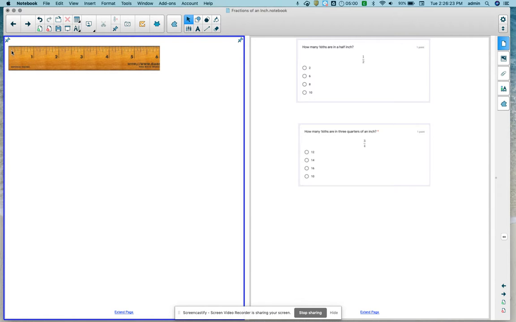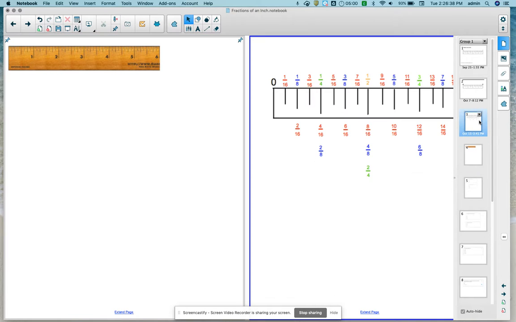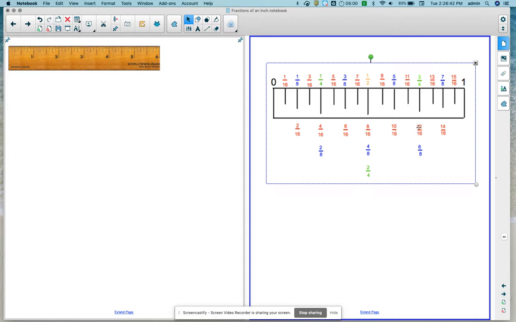I would count 1, 2, 3, 4, 5, 6, 7, 8, 9, 10, 11, 12. I can also send a screenshot of the picture that we used earlier, if you would like. That was this. That helps you, because I also know that 3/4 is equal to 12 16ths.